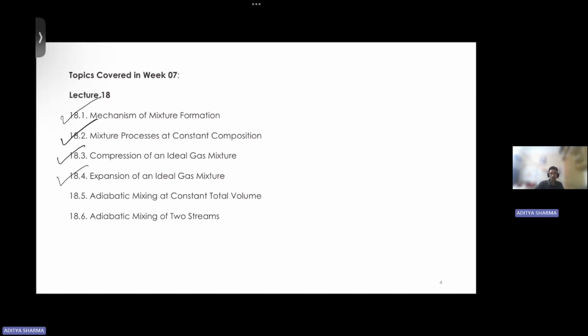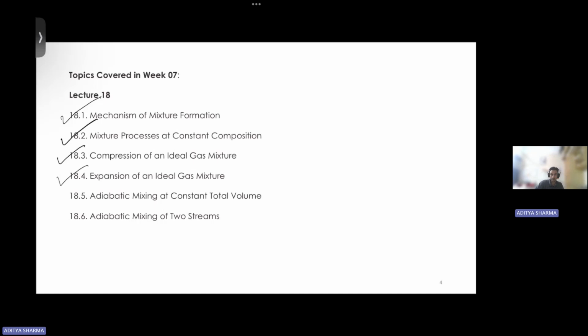Then the same is the case for your expansion process. Okay. So here the entropy change expression has been given, and then the energy rate balance. So if there is expansion by means of a nozzle, and if we consider the flow to be steady, in that case how do we write the energy rate balance?